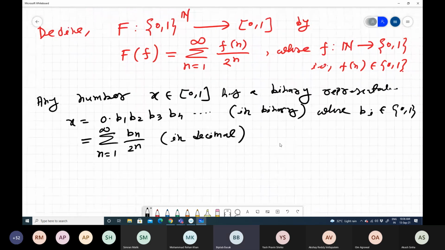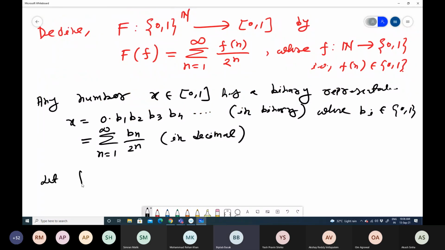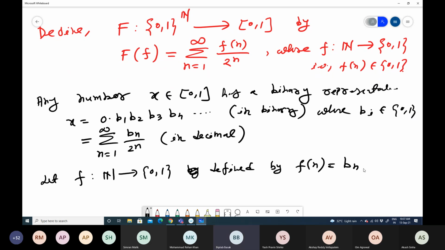Now just define f from N to {0,1} by f of n equals bn for all n. In this way you can define f, or you can say g if you want a different function g.